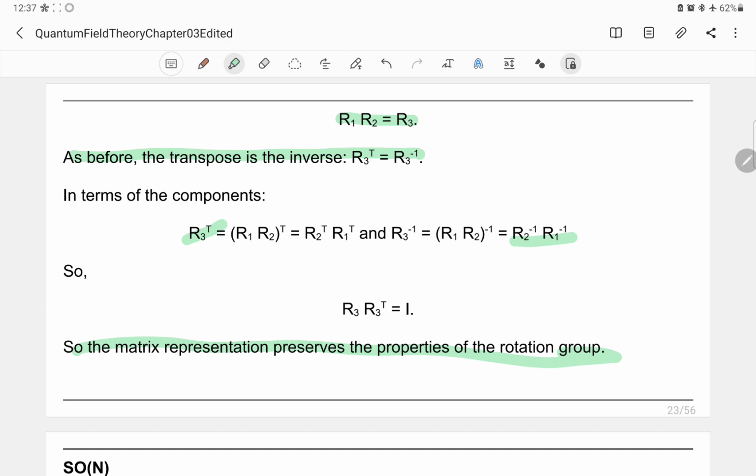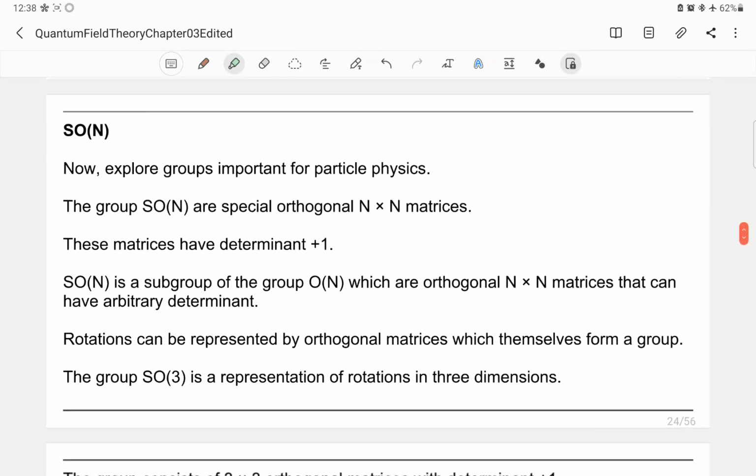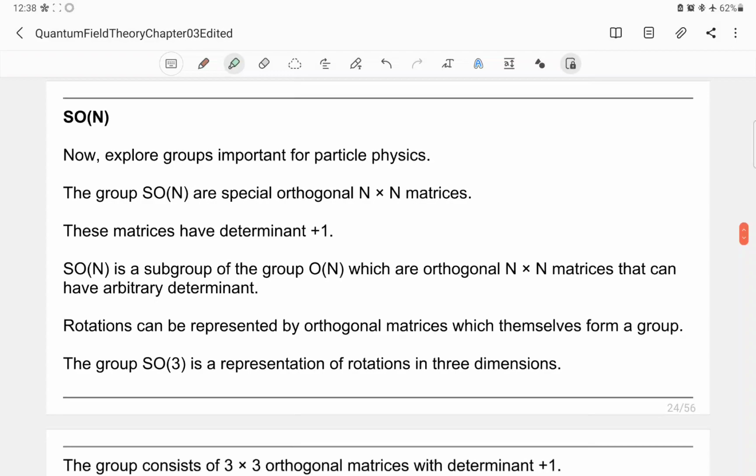So let's now go to a special orthogonal matrix. Call that SON. That is, the N here means that your matrix is N by N. SON is an important group in particle physics. The group SON are special orthogonal N by N matrices.